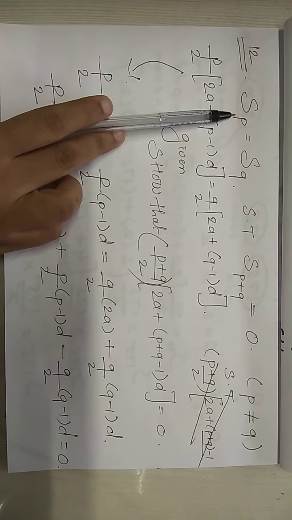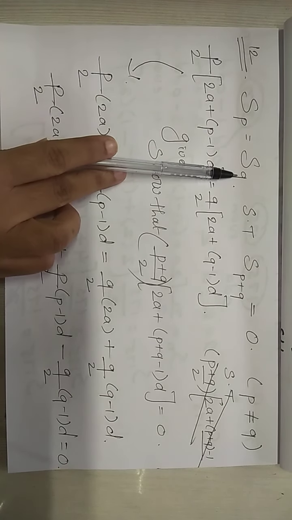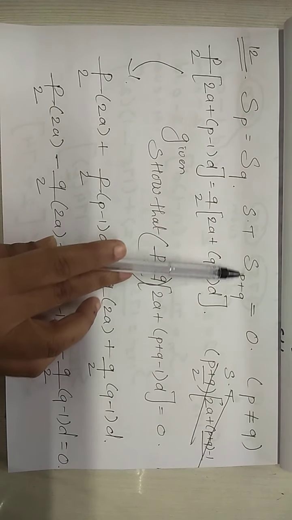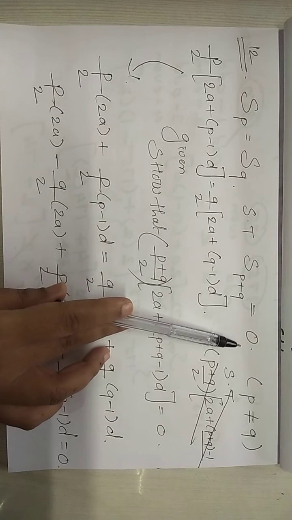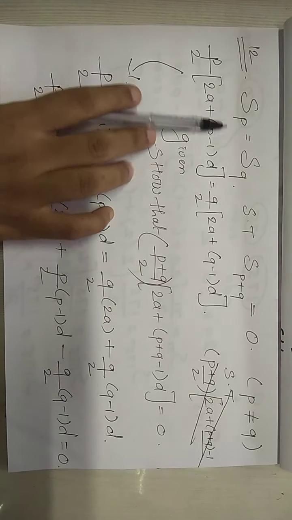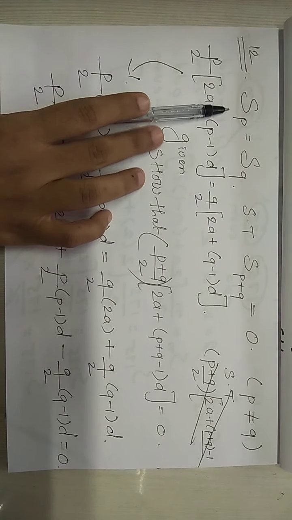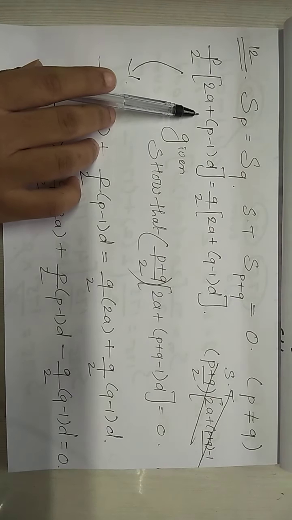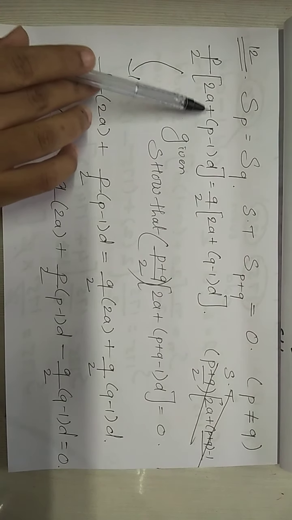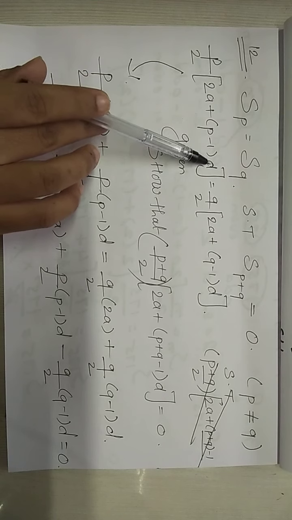12 says that the sum of p terms is equal to the sum of q terms, and you have to show that the sum of p plus q terms is 0, where p is not equal to q. Okay, now if you observe children, the sum of p terms is equal to the sum of q terms. The Sn formula we are using here. Sn formula says n upon 2 times (2a plus (n minus 1) into d).